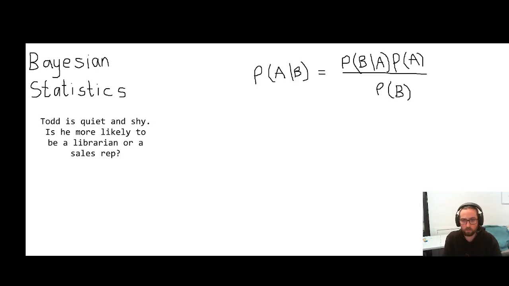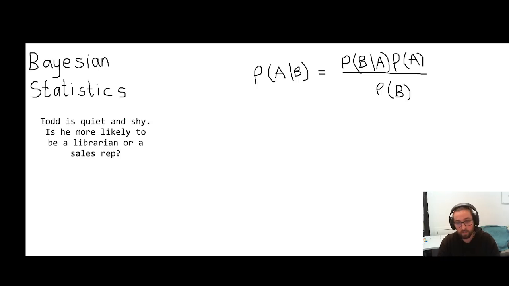But you're missing one crucial fact, which is that there are way more sales reps than there are librarians. And that actually matters. This is something called the base rate fallacy, where you forgot to consider the relative base rate of these two things, namely being a librarian and being a sales rep, and you get so caught up on the fact that Todd is shy.